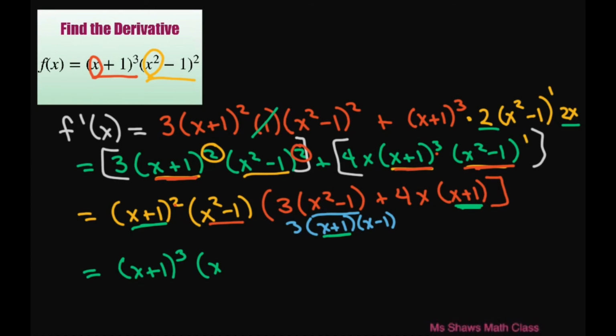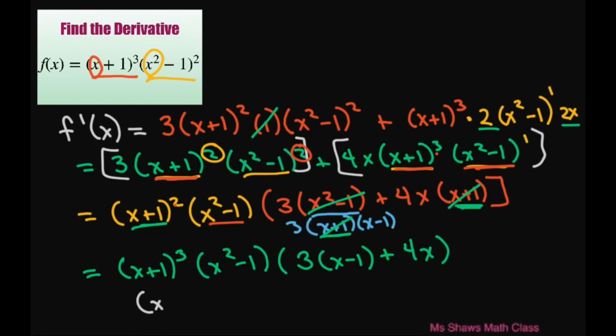Then I still have (x squared minus 1), and now instead of this, I have 3 times (x minus 1) plus 4x, because I factored this one out as well. So you factored it out, and now let's simplify.